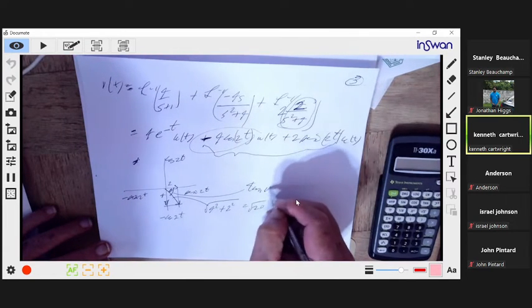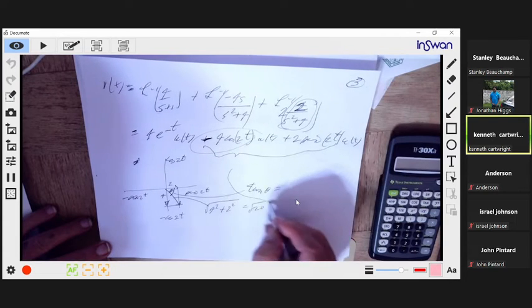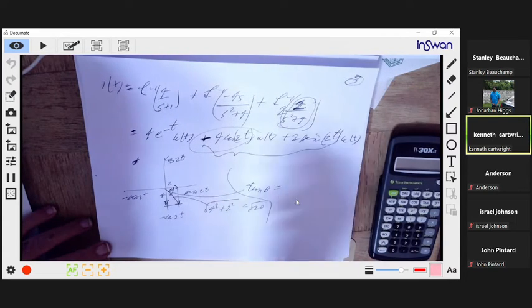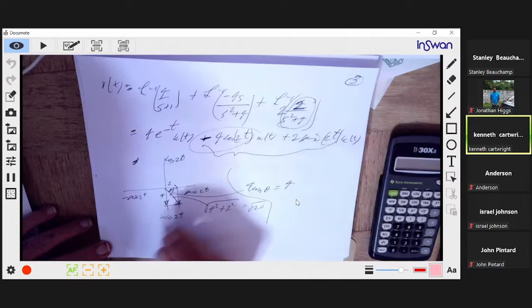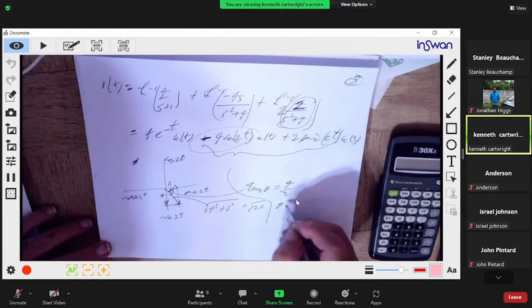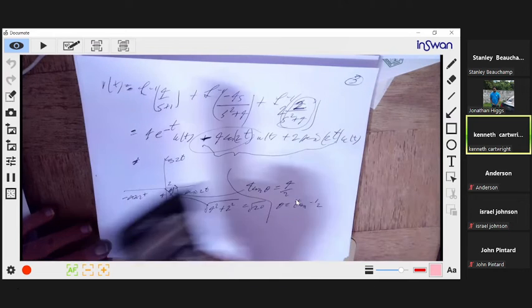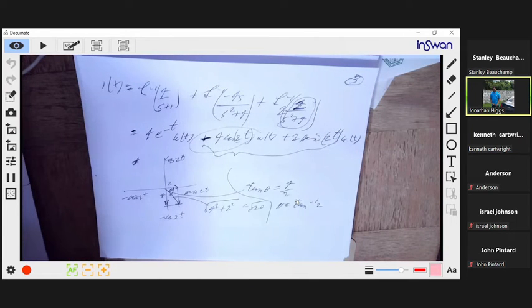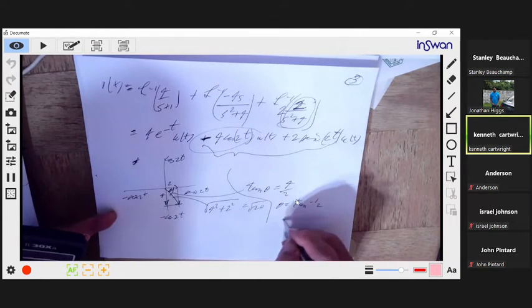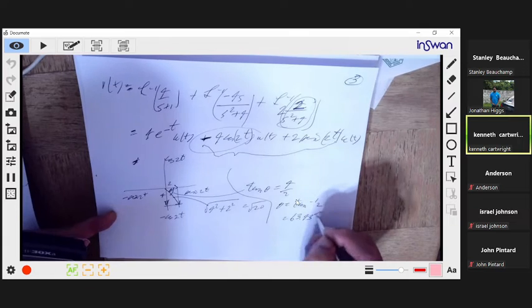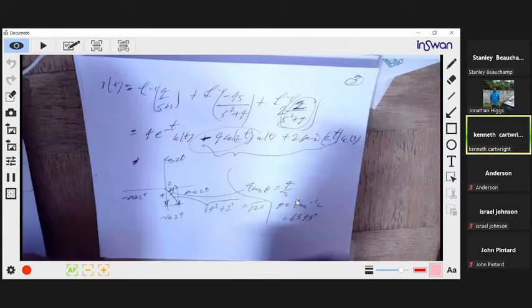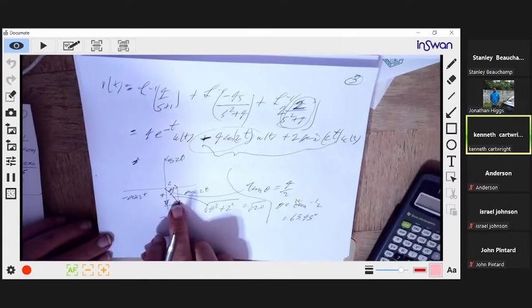Tan theta is opposite, that's 4, over adjacent, 2. So theta equals inverse tan of 2. Okay, good. 63.43 degrees. And that angle is negative compared to sine of 2t.